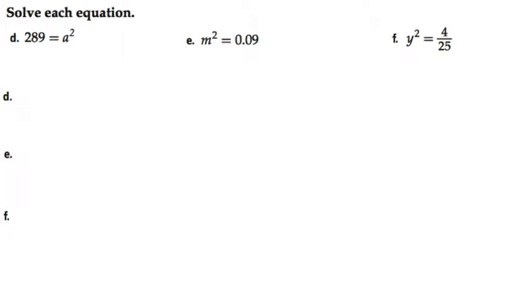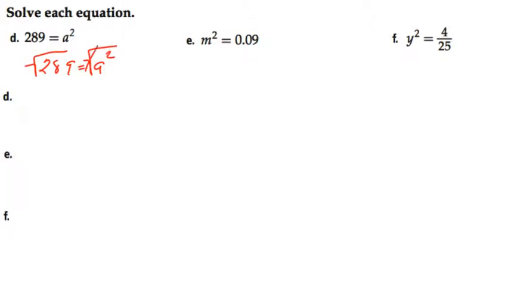All right, I hope you had a chance to try those. Let's take a look at letter D. Letter D says 289 is equal to a squared. So first of all, let's just rewrite 289 is equal to a squared. So what we want to do on both sides to get rid of the squared, remember we're trying to get a by itself when we solve an equation, we need to take the square root of both sides. Okay?